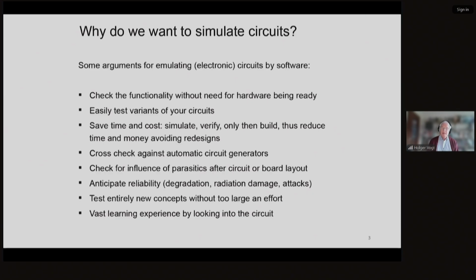Parasitics means parasitic resistors, capacitors, or even inductors. You can simulate this upfront before you start layouting, and then simulate after layout what the result of the actual layout will be. What will it do to your circuit?